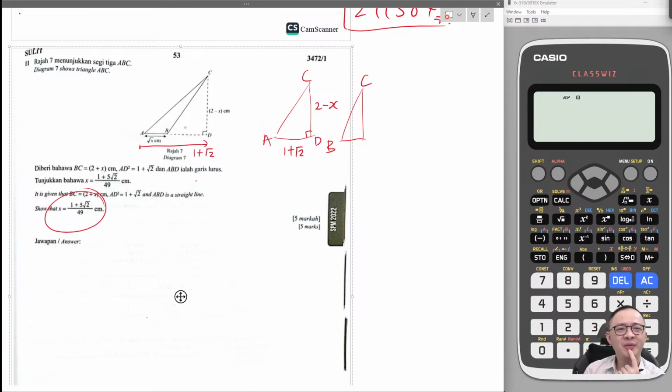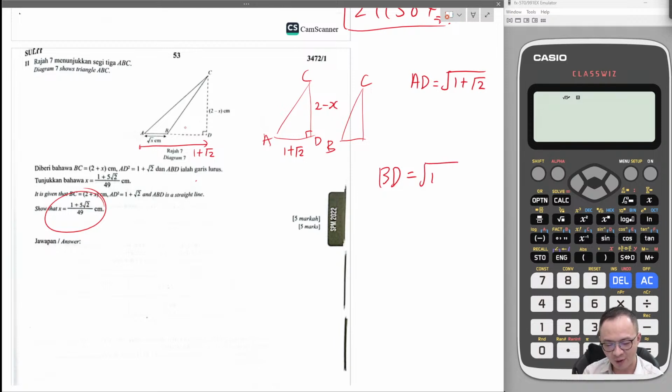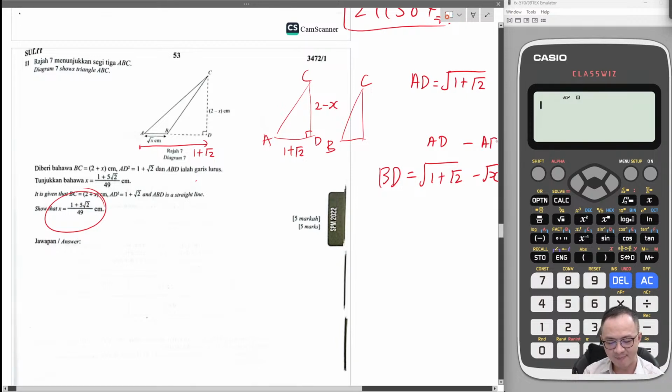Should I find AC? Never mind, I find BD first. So BD is basically equals to, my AD is square root of 1 plus x squared, so it's AD minus AB. So it's square root of 1 plus x squared minus x. This is taking the AD minus the AB.